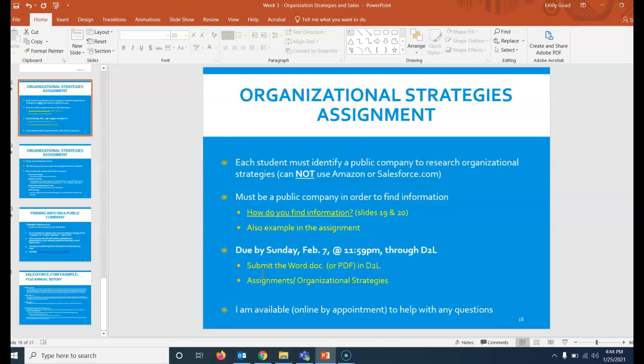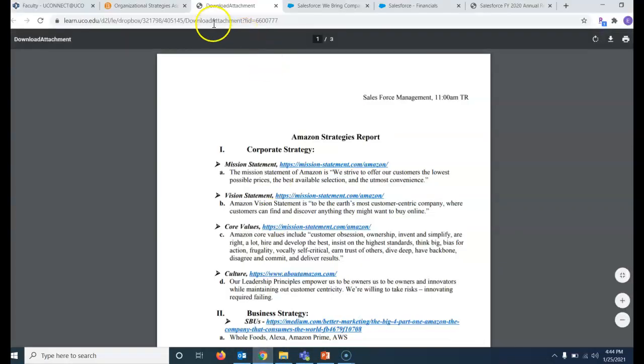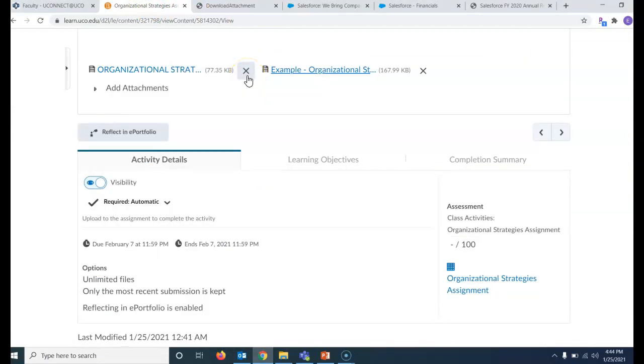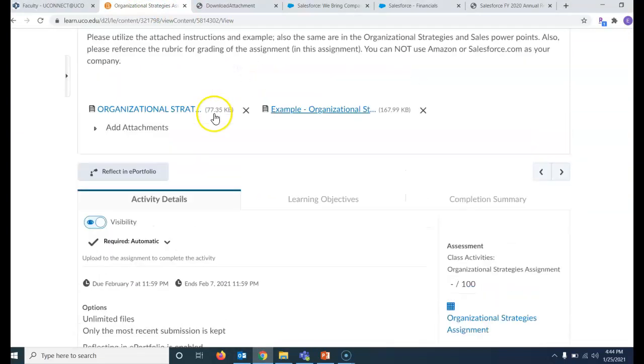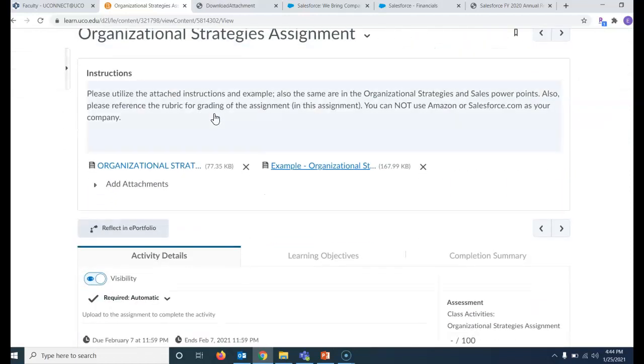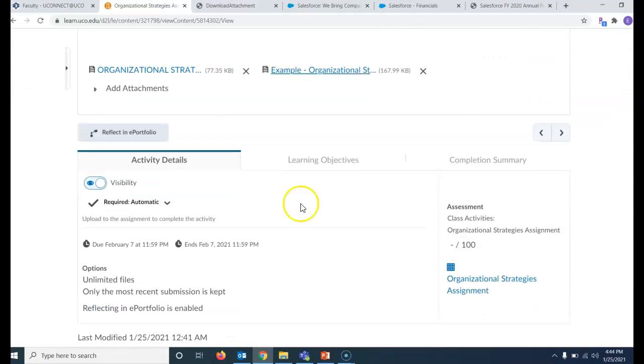And then I'm available to video chat with you online by appointment to help with any questions you may have, or if you want me to take a look at something. And then one more thing I wanted to show you within this assignment. You should be able to see the rubric.